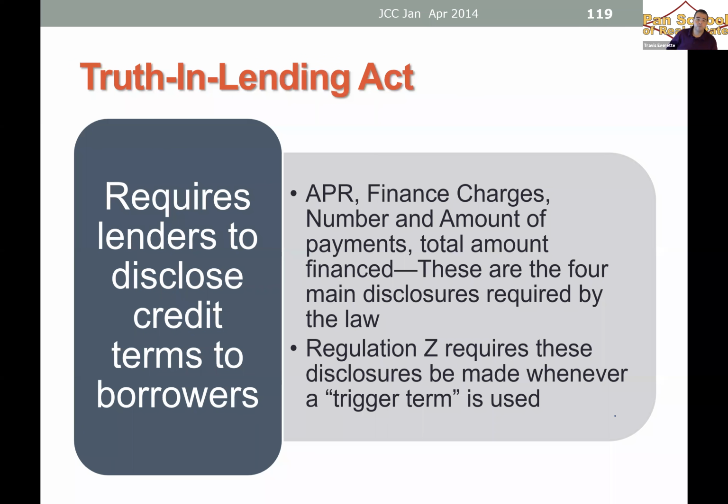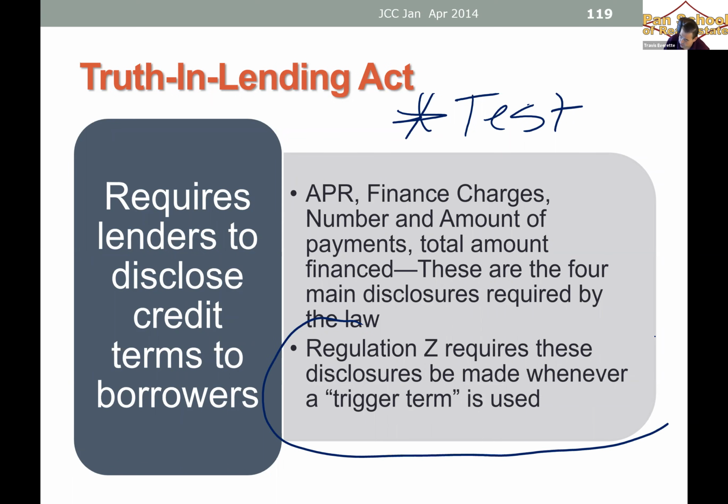Final piece, a couple laws we need to talk about here. This will definitely show up on the test. There is no doubt about the Truth in Lending Act and a test question, and particularly Regulation Z of the Truth in Lending Act. So this is something you need to spend some time with and get right in your brain. This is a disclosure law.